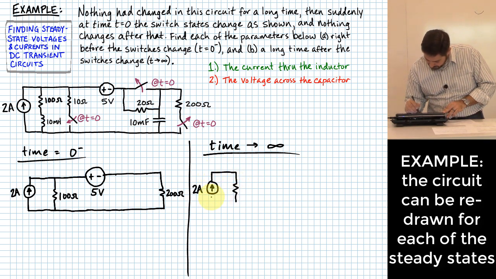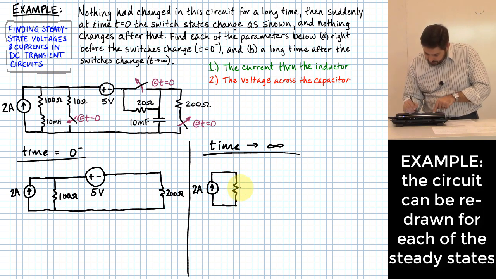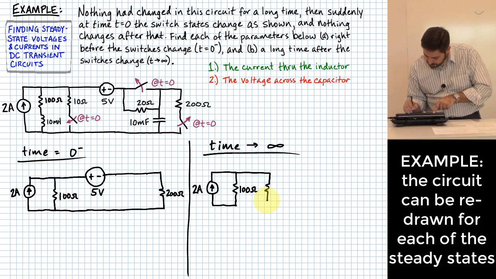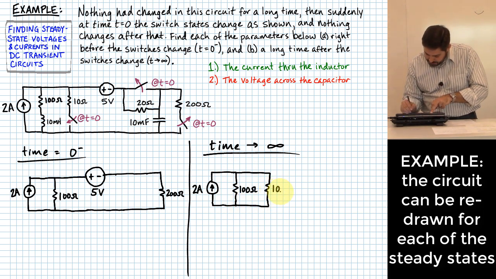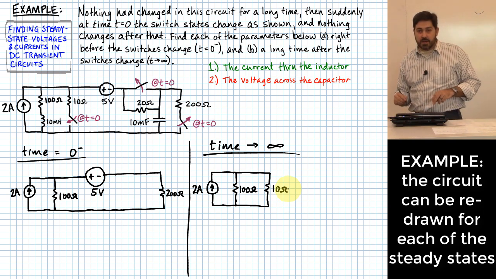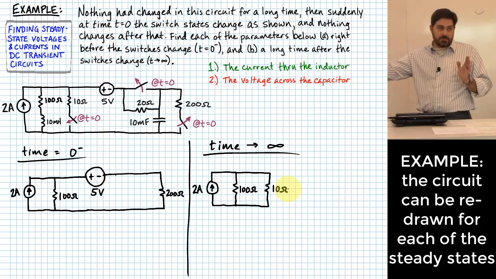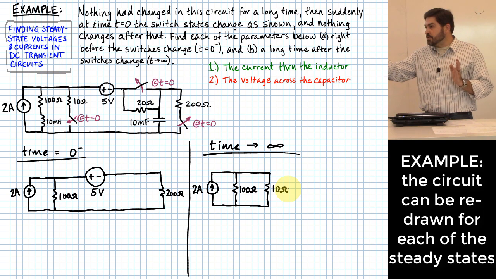So what we'll have is the 2 amp source there. It's going to now be going across this 100 ohm resistor here. But then there's going to be another resistor over here that is a 10 ohm resistor, and it now is in the game because once time starts to go to infinity, that switch is closed for all that time.